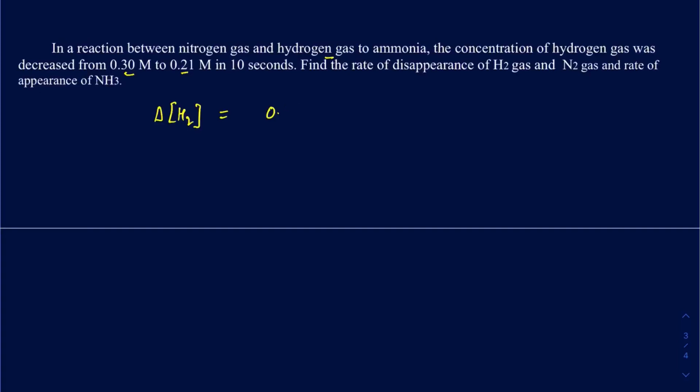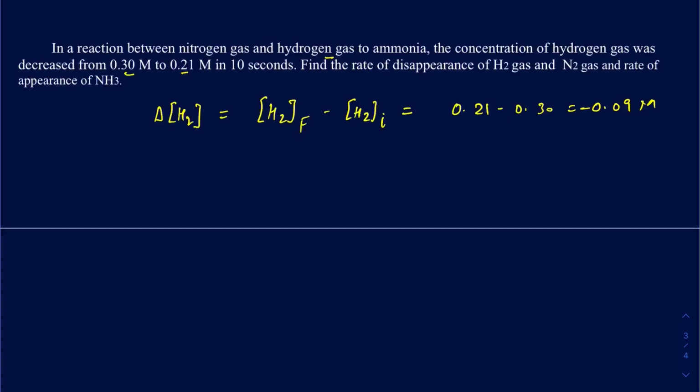So the concentration of H2 final minus the concentration of H2 initial is 0.21 minus 0.30, which equals negative 0.09 molar. So in the time frame of 10 seconds, you have lost about 0.09 molar H2.